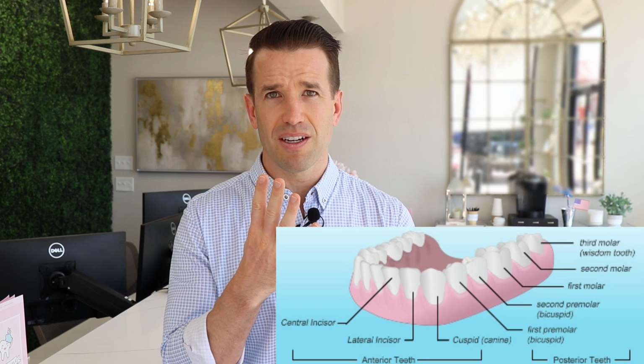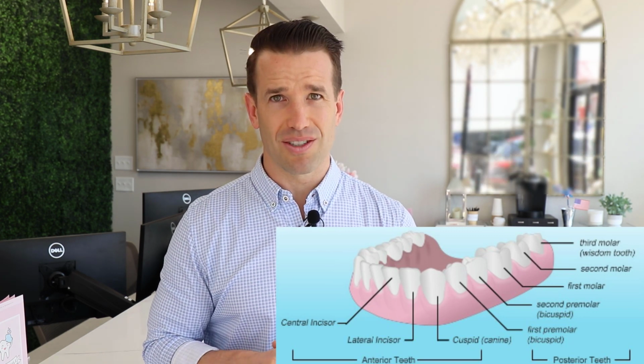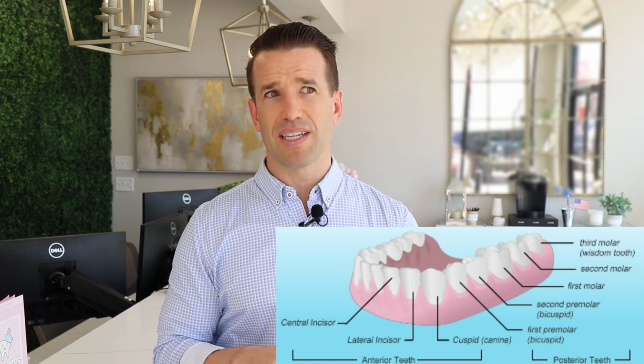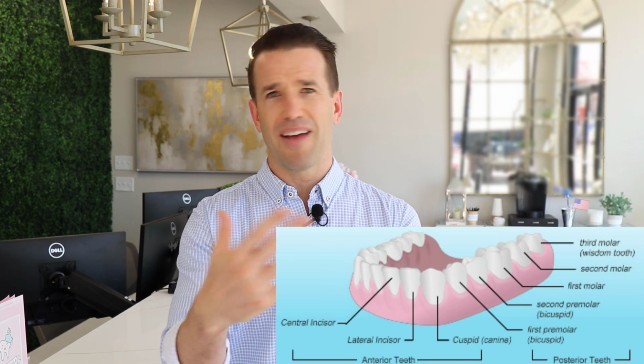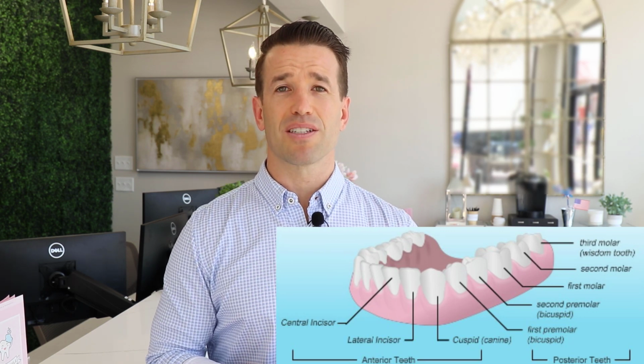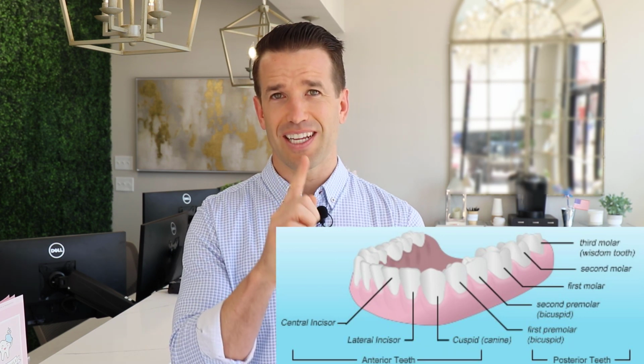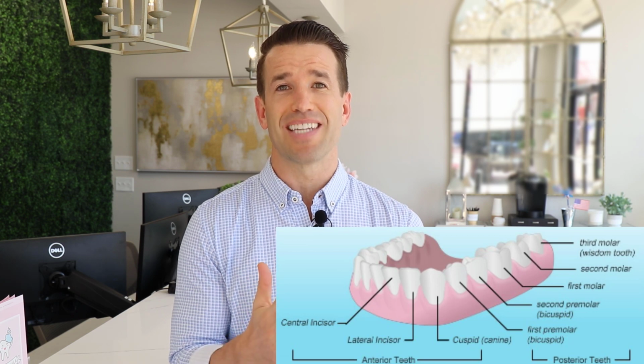Let's make it just a little bit more confusing. Sometimes you group the front 4 together and you call them incisors. So if you want to group the centrals and laterals all together in a conversation, I'll say that these are the incisors.